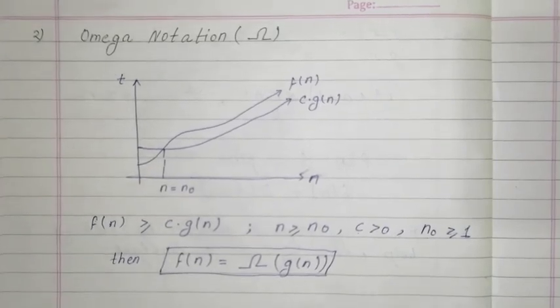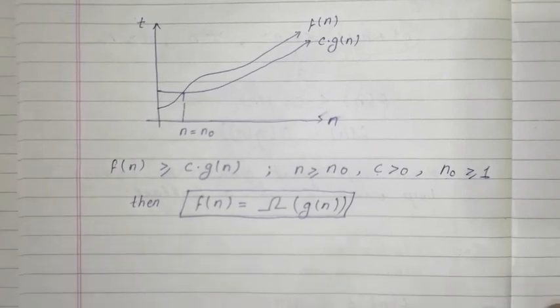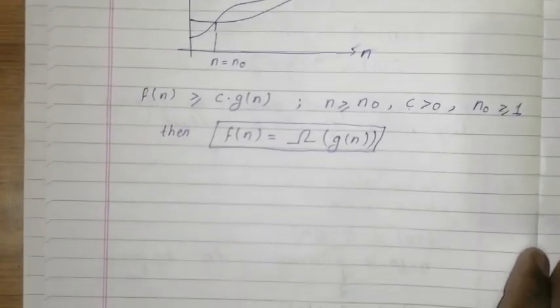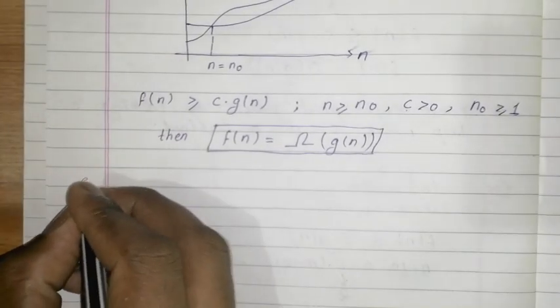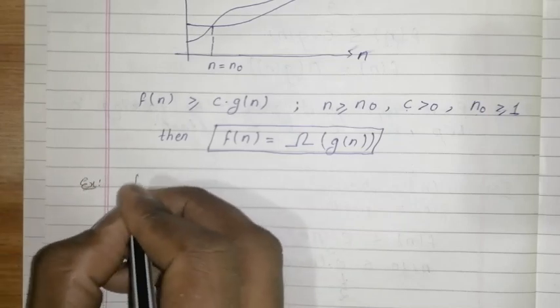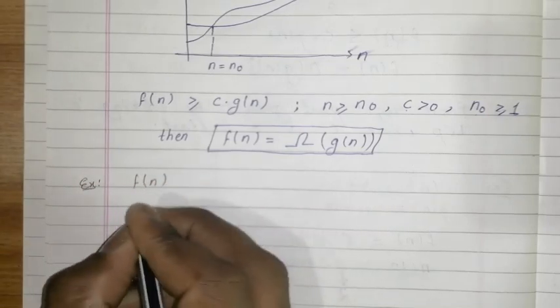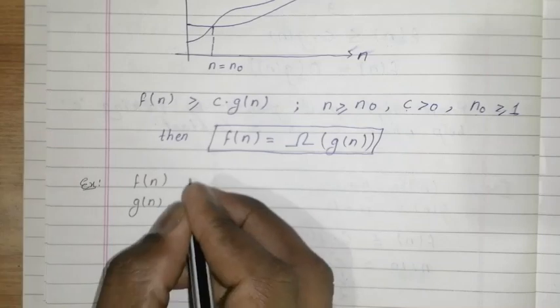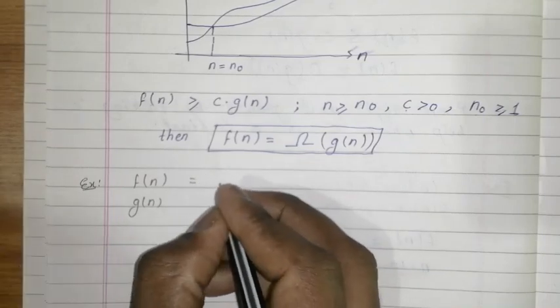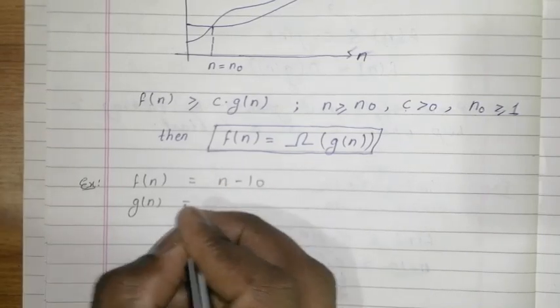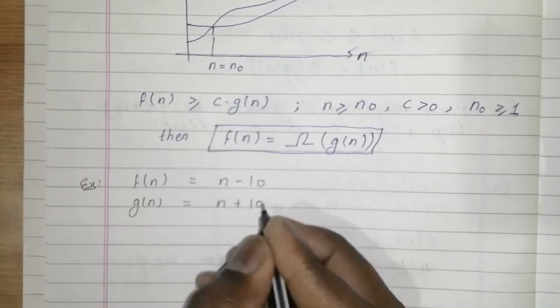So let's see an example. Two functions f of n and g of n are given. Suppose f of n is equal to n minus 10 and g of n is equal to n plus 10.